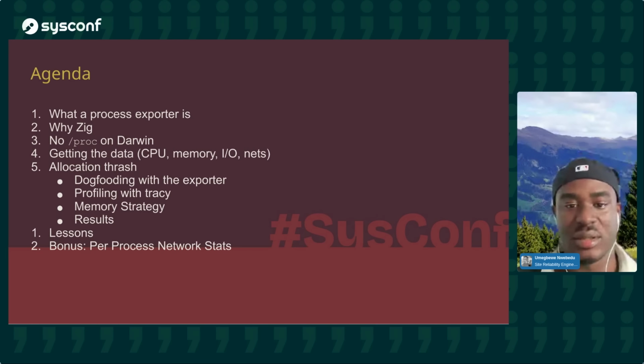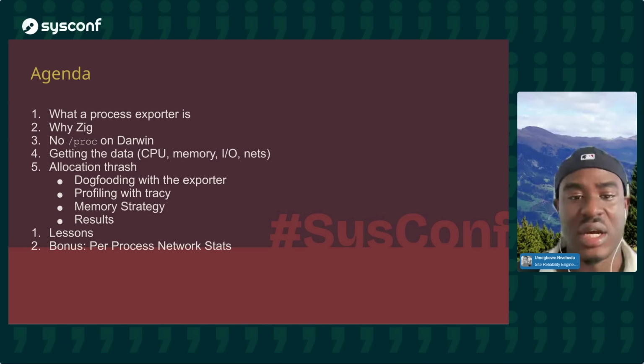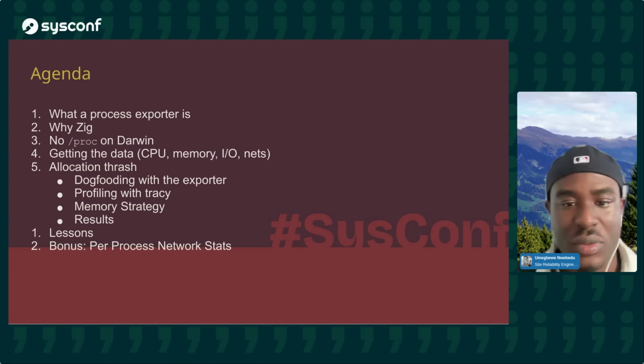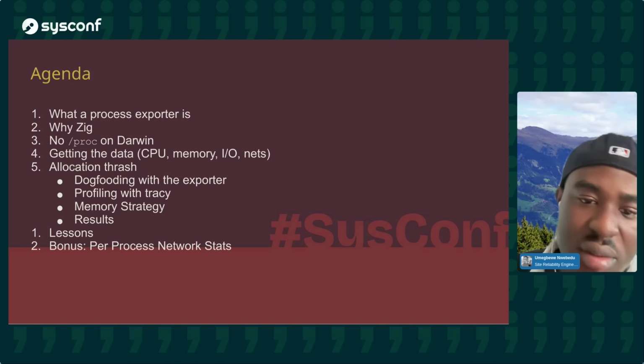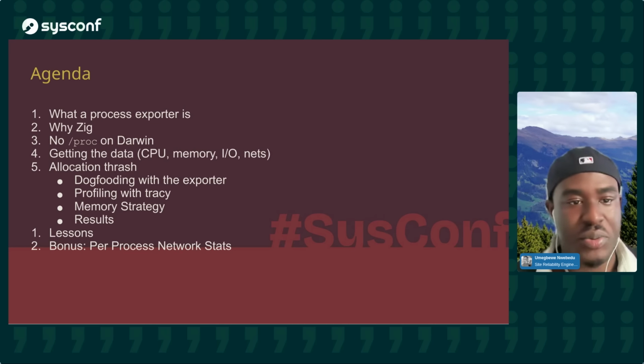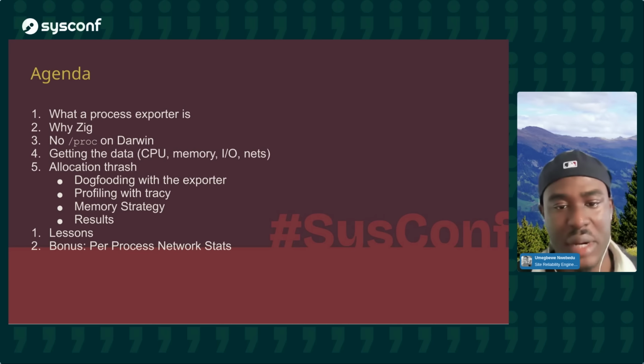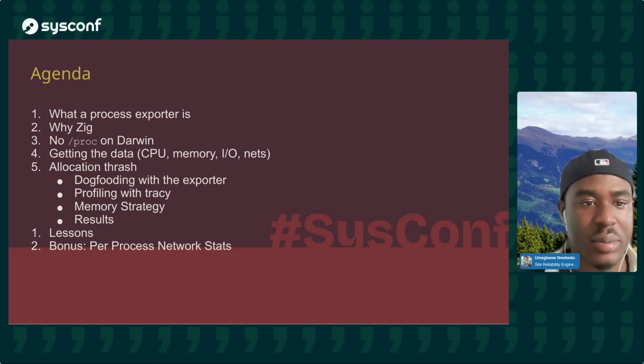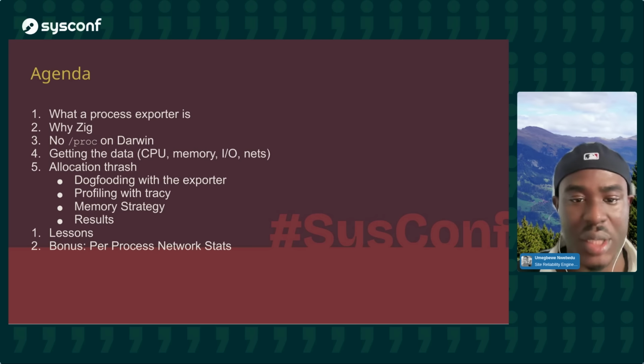So let's look at our agenda for today. We'll talk about what a process exporter is, and why this process exporter was built in Zig. We'll talk about the concept of no proc file system on macOS or Darwin operating systems. We'll talk about how we got the necessary data to build this process exporter.